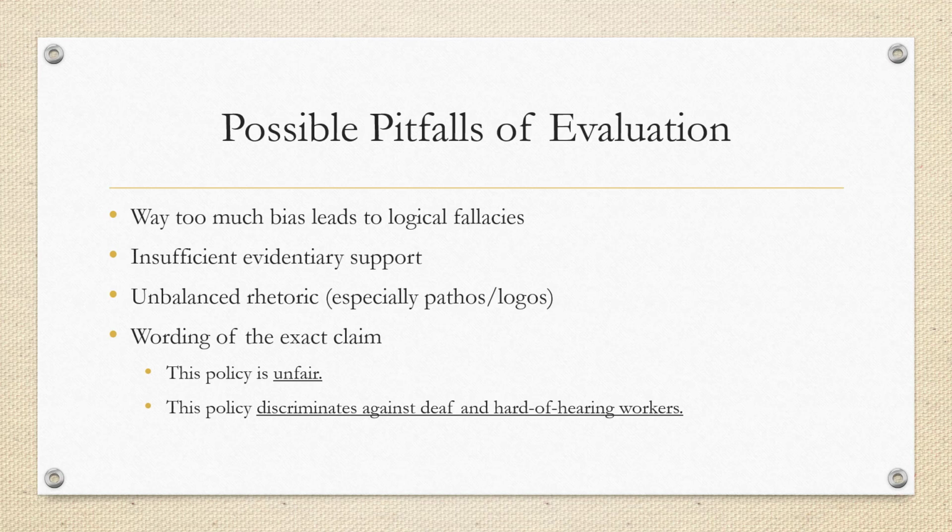So, for example, animal testing sometimes can lead to a lot of logical fallacies, because if you're looking at what PETA says about animal testing versus what the scientific community says about animal testing, you're going to get two very biased views.